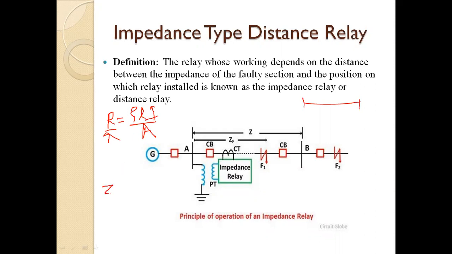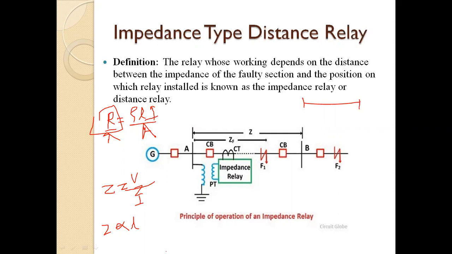So what is the formula for Z? This Z is equal to V divided by I. And this Z is proportional to the length of transmission line, because when we are considering a single circuit, that time we know the different parameters, that is R, L, G and C. But for other equipments, etc., we are not considering this G, right?